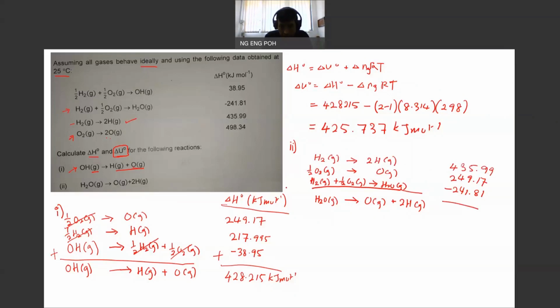Now you need to total up together. But here, you still cannot cancel off, because this is half O2, and you don't have an O2 here. So you need to find another equation which has O2 and H2O gas also. So it's from this equation.